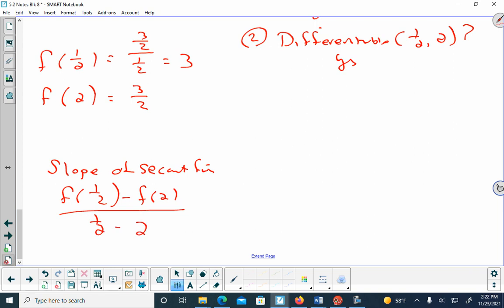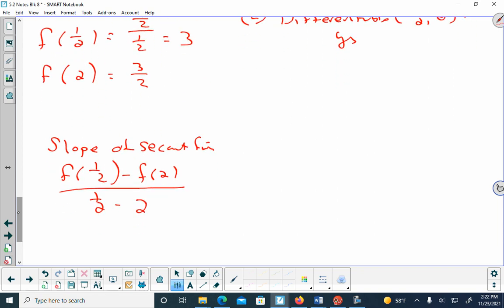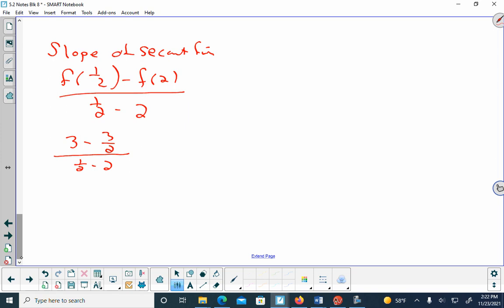Doesn't matter what order you do it in as long as you're consistent. So this is going to be 3 minus 3/2 over 1/2 minus 2. Is that right? So this is the slope of the secant line, yes?